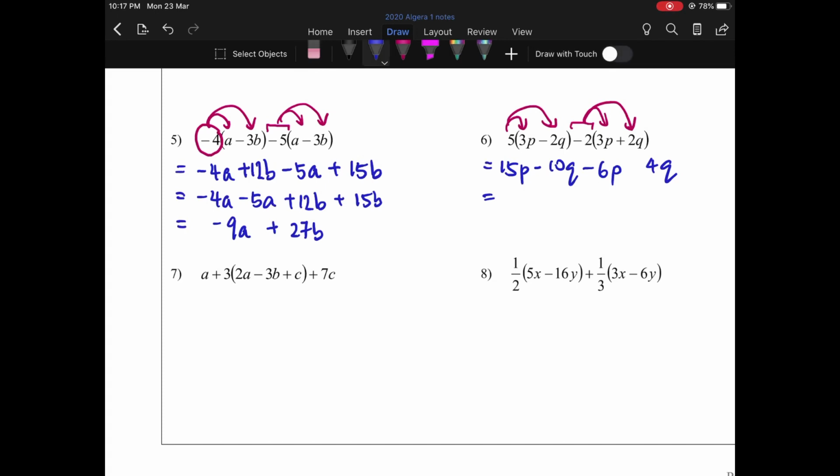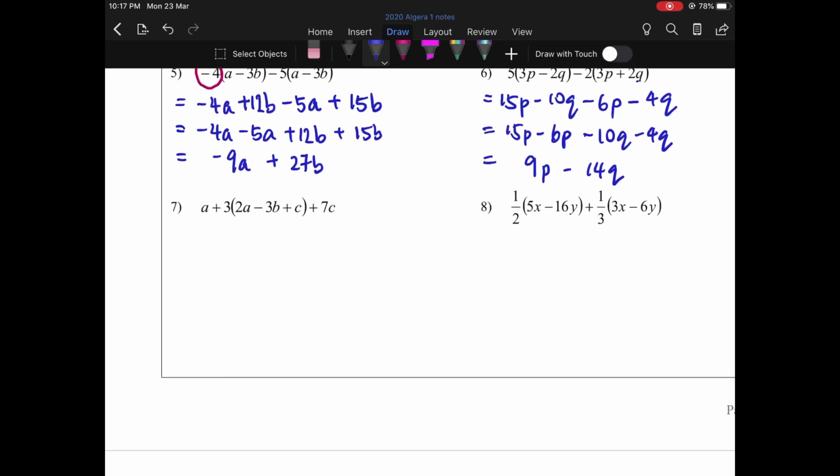Negative 2 times positive 2q, you should be getting negative 4q. Okay? Now rearrange the terms and evaluating it. Now this is negative 10q subtract 4q. So we should be getting negative 14q.